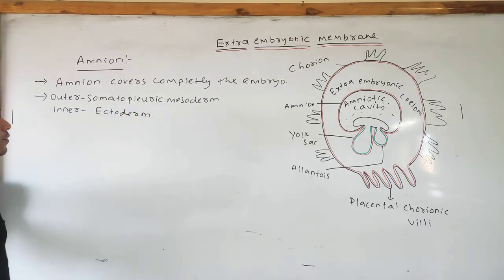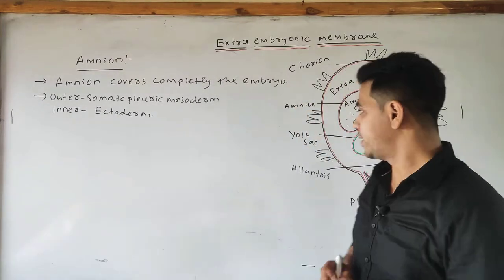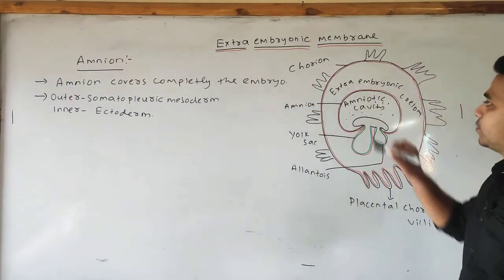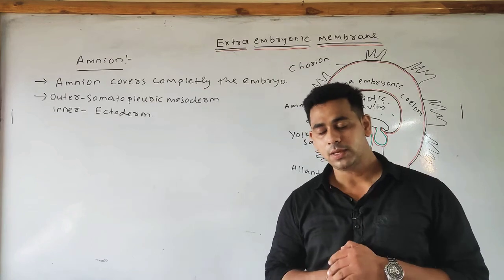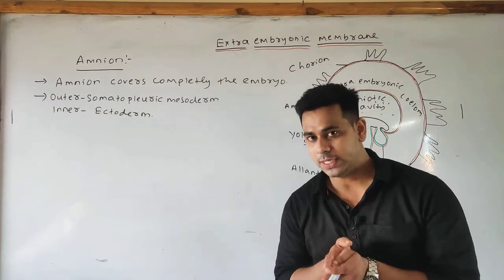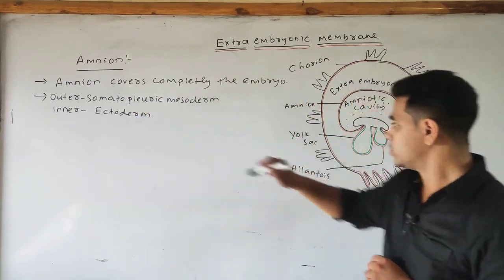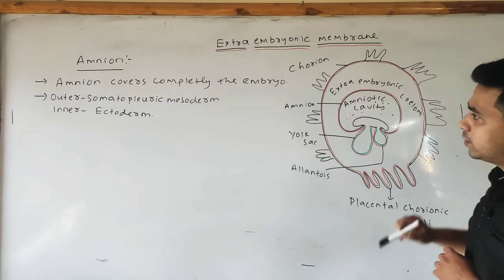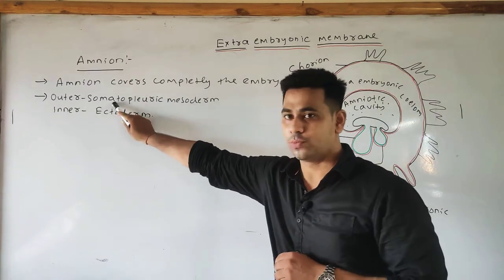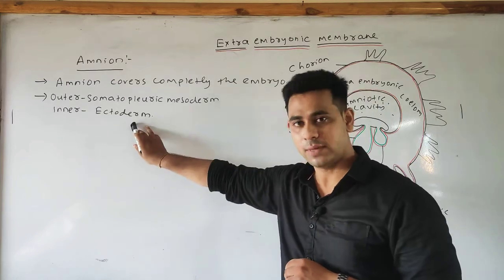Okay, why have we written the somatopleuric mesoderm? Because when the extra embryonic ectoderm and the extra embryonic mesoderm come in contact with each other, we call it the somatopleuric mesoderm. As the mesoderm is the outer one, we have written outer portion present the somatopleuric mesoderm, and it is internally lined with the ectoderm.